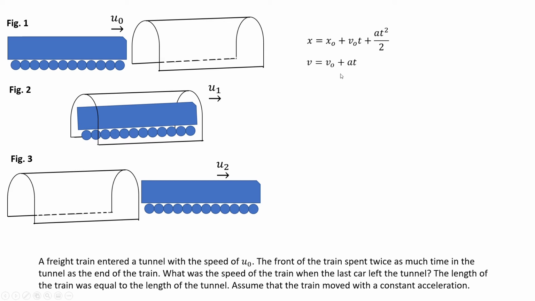So v naught is the velocity of an object at t equals 0. And a is acceleration. Again, we don't know what it is. We know it's constant, and hopefully we won't need it later. So those are the two main formulas that you need to know when you deal with movement with constant acceleration.